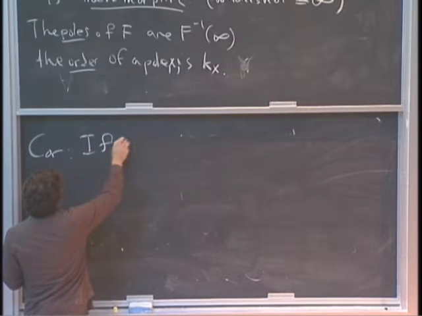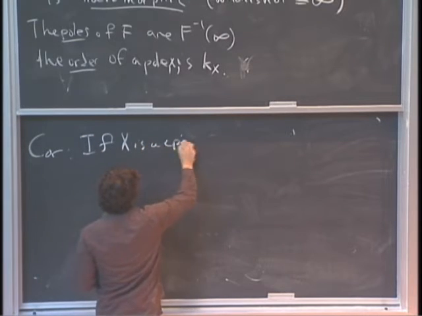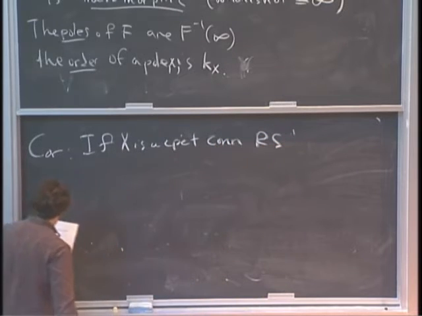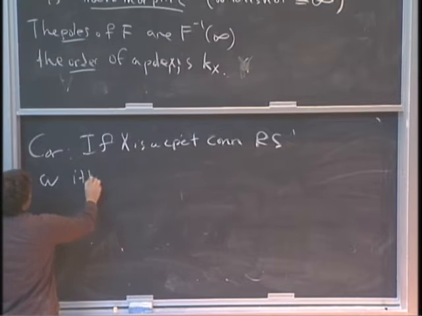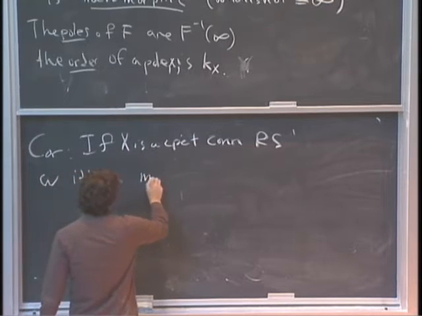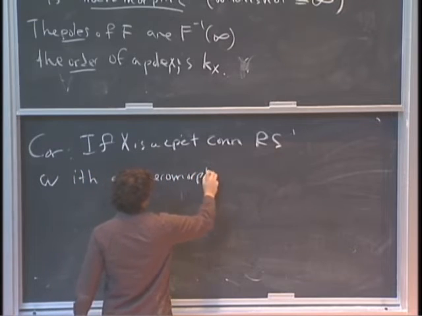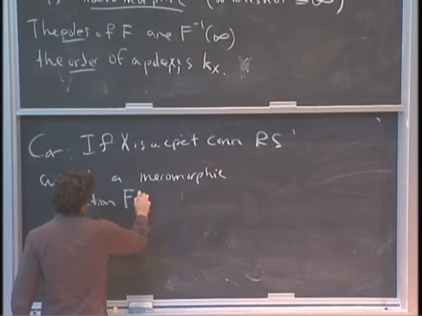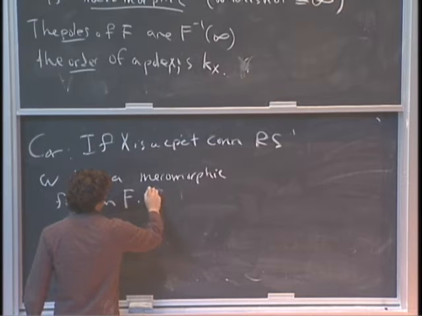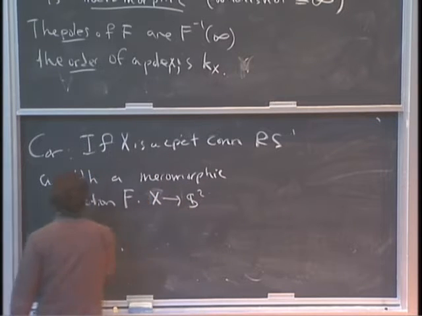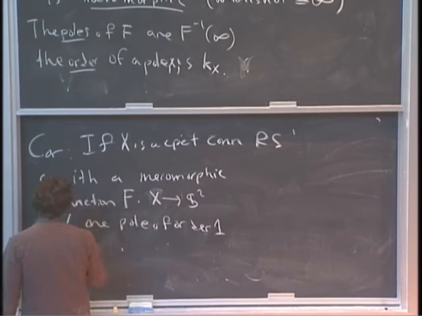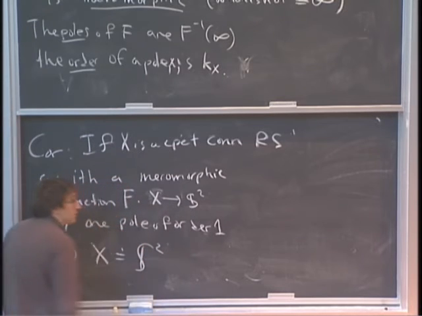If x is a compact connected Riemann surface with a meromorphic function f with one pole of order 1, then this implies that x is equal to the S2. Okay?